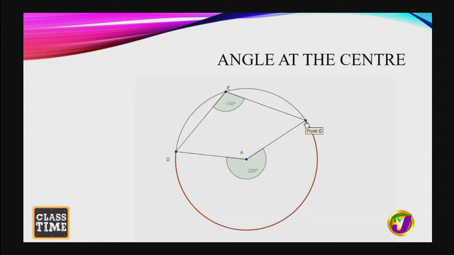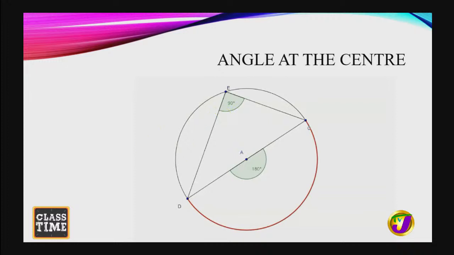Guys, are you seeing what I'm seeing? I hope they're seeing it. So I hope that you're seeing that there is something happening with the angle at the circumference and the angle at the center of my circle.